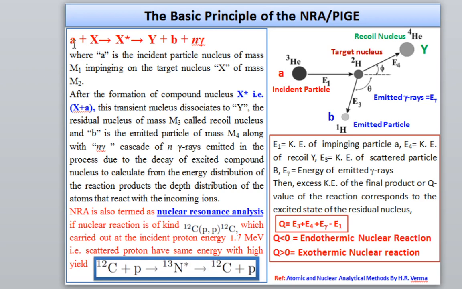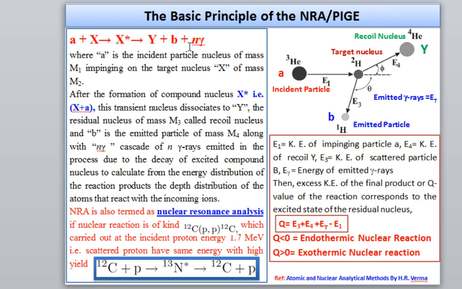After this charged particle is incident on this nucleus, it transfers its energy and a nuclear reaction takes place, and then an excited compound nucleus forms, that is X plus A. When this compound nucleus dissociates, obviously a residual nucleus and a particle will be emitted along with the emission of gamma. Remember, sometimes this gamma may not be emitted.